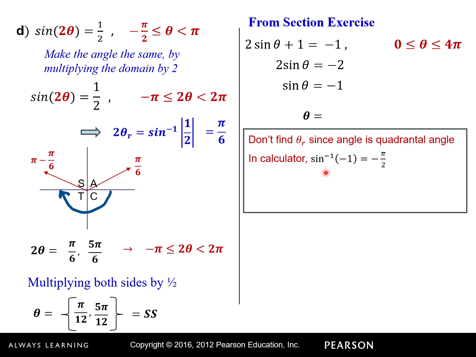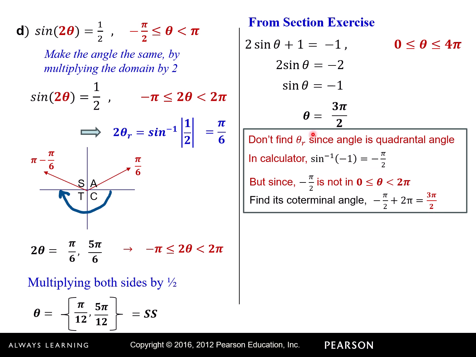You can use shift sine of negative 1, and it will give you negative pi over 2. And as we said, negative pi over 2 is not in this domain because the domain is positive angles, but this one is a negative angle. So what you can do is find the coterminal angle. The coterminal angle for negative pi over 2 is found by adding 2 pi, so it will give us 3 pi over 2. So the solution for theta is 3 pi over 2.